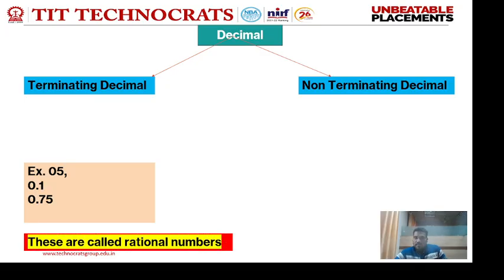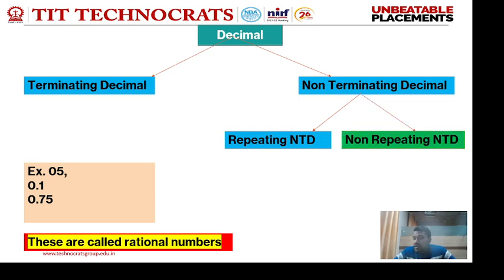The other one is non-terminating decimal. Non-terminating decimals are of two types.